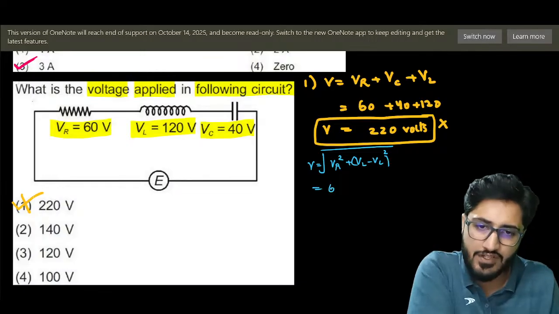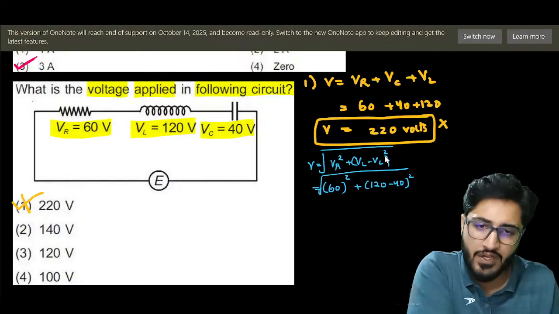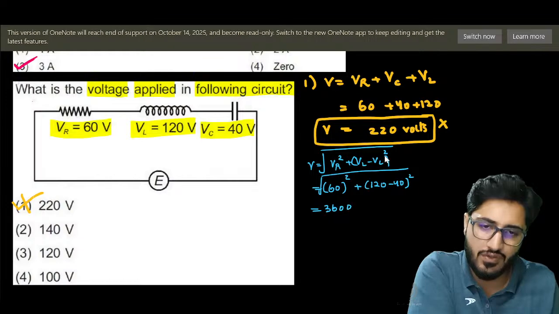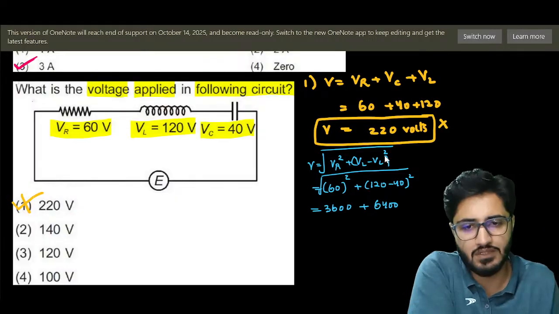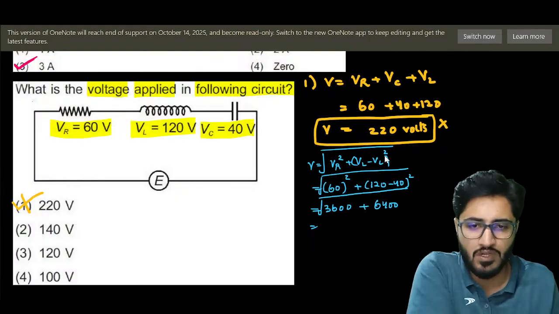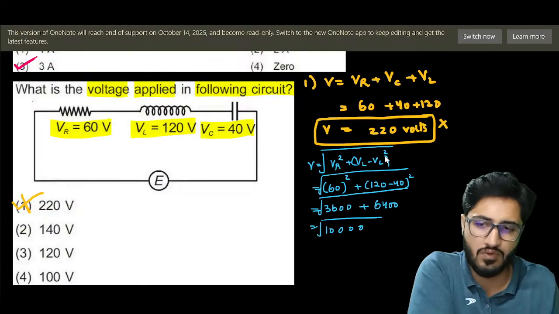What is VR? Is it 60 square? Yes, sir, it is 60 square. VL is 120, so it is 120 minus 40, whole square. Then we have root of 3600 plus, 120 minus 40 is 80, so 6400. Root of 10000, I guess it is 100 only. 100 volt.